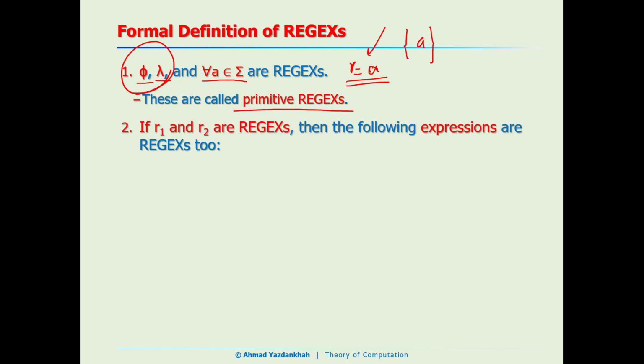The second rule is that if R1 and R2 are regexes, then the results of all of these operations produce new regexes. So union or plus, concatenation, the star operator, and just using parentheses.